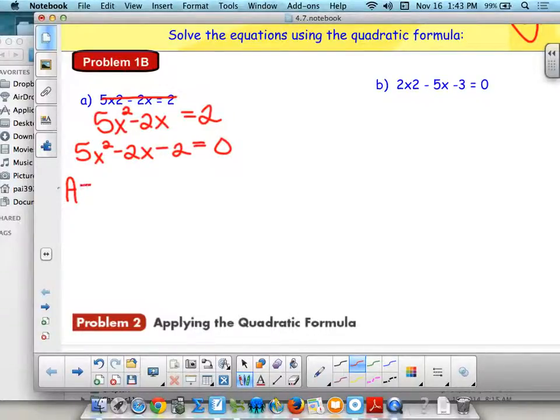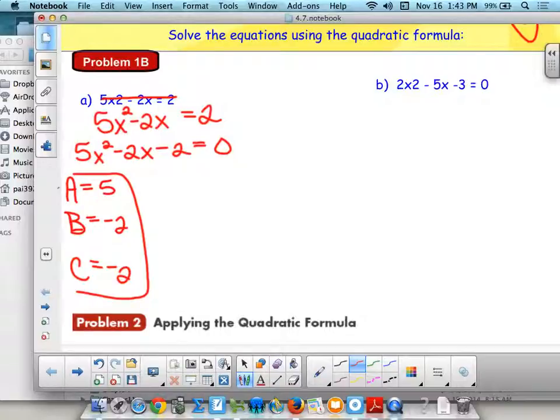What's your A value? 5. B is negative 2. C is negative 2. Okay, let me give you about a minute head start. Put the numbers into the formula, see what you can do.